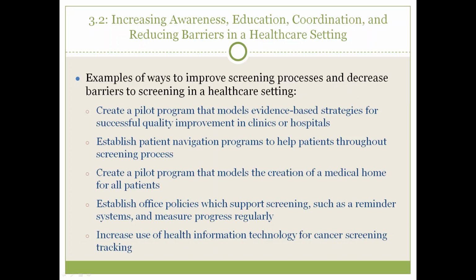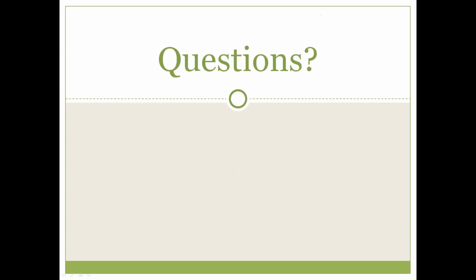Examples of ways to improve screening processes and decrease barriers to screening in a healthcare setting include creating a pilot program that models evidence-based strategies for successful quality improvement in clinics or hospitals, establishing patient navigation programs to help patients throughout the screening process, creating a pilot program that models the creation of a medical home for all patients, establishing office policies which support screening such as a reminder system and measure progress regularly, increase the use of health information technology for cancer screening tracking. Once again, these are just examples. If there are other evidence-based approaches that you would like to propose, that is just fine.